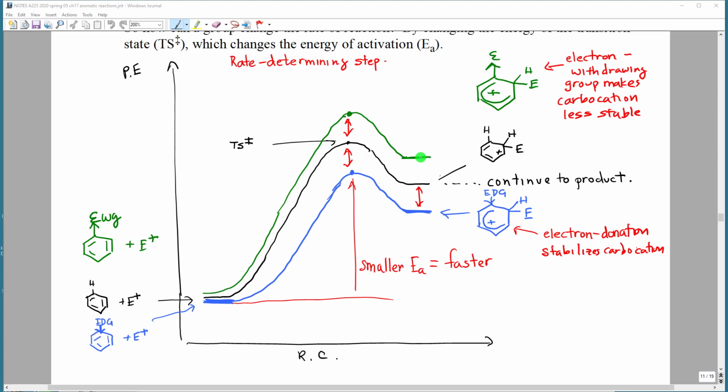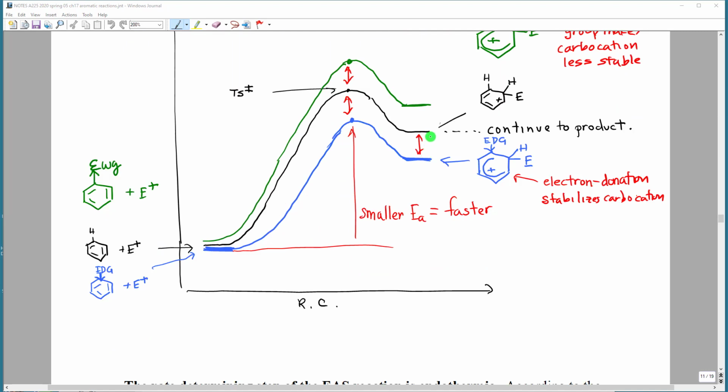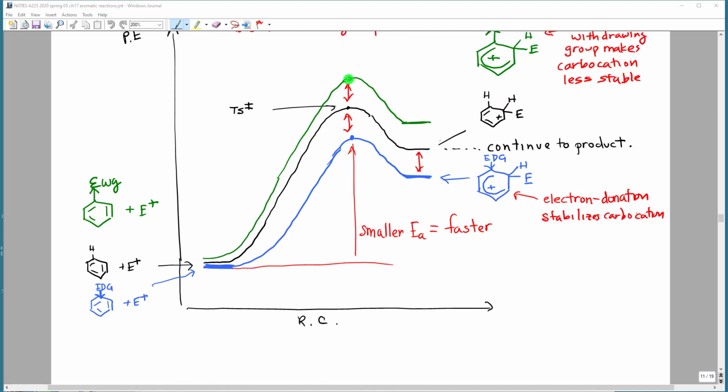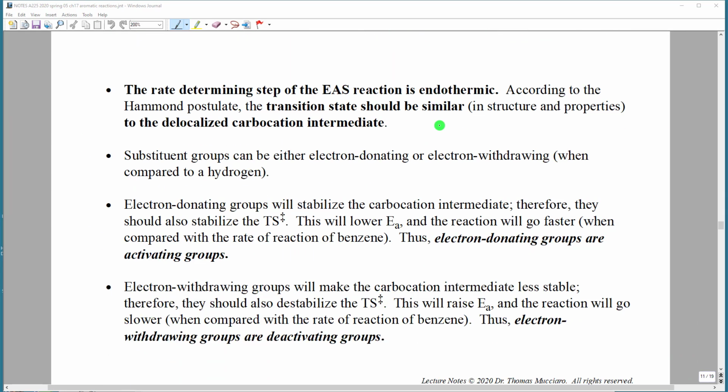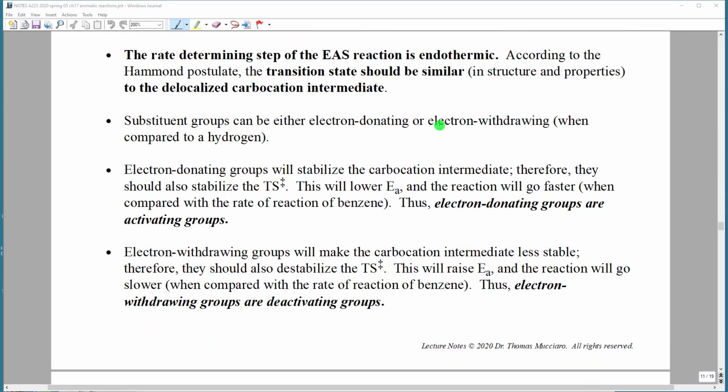Again, by the Hammond postulate, we would see that the transition state would also go up. That would make a larger activation energy. That reaction would go more slowly. This is explained in the text below. You can read it.